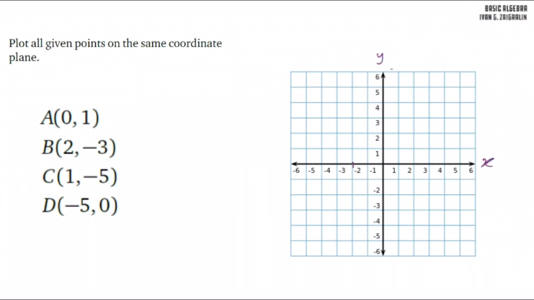So for the point A, x coordinate 0 and y coordinate 1. So we find 0 on the x-axis and 1 on the y-axis, and this point is A.